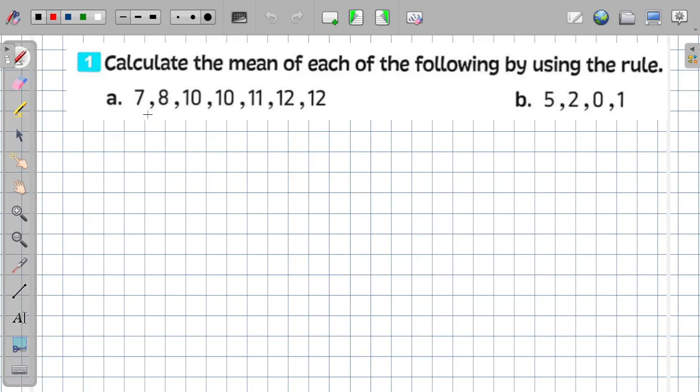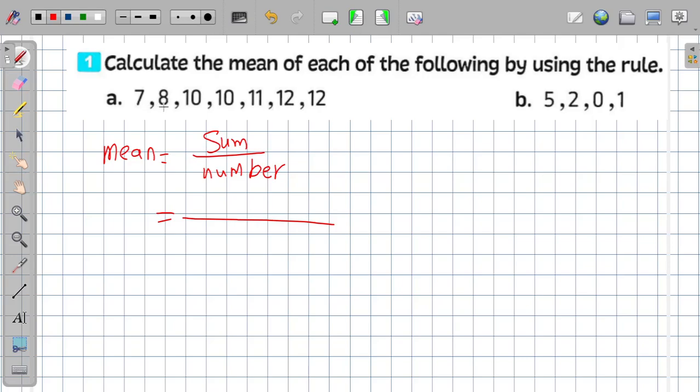So I have 7, 8, 10, 10, 11, 12, 12. So the rule says that the mean of the data set equals the sum of values divided by the number of values. Okay, so the mean in the first one will be the sum.